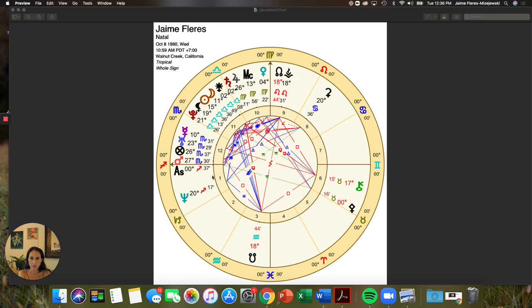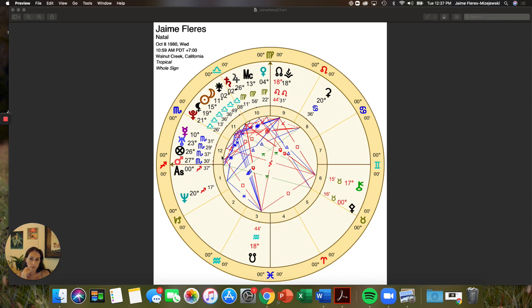So let's go through the houses. So the first house, these are always in the same positions. These don't change. So we have the first house all the way around to the 12th house. Now, again, not to get too weedy, but just for informational purposes, every house corresponds with a particular sign, and it also corresponds with a particular planet. I'll give you one example.